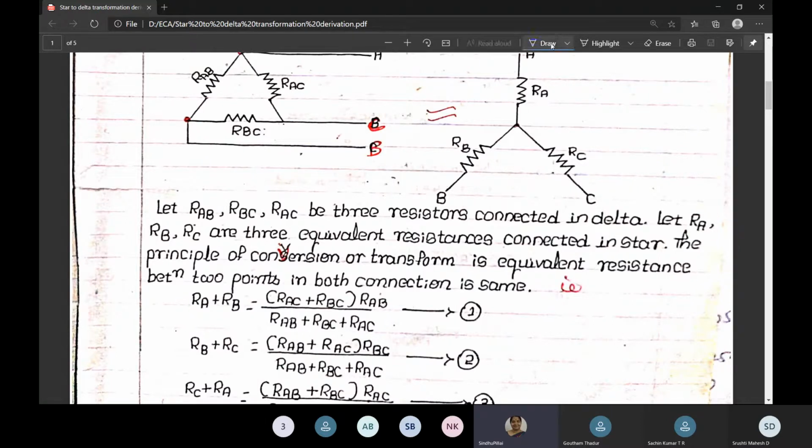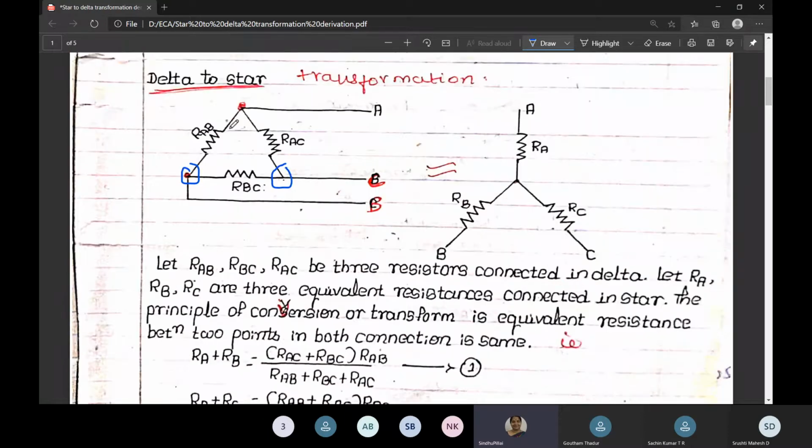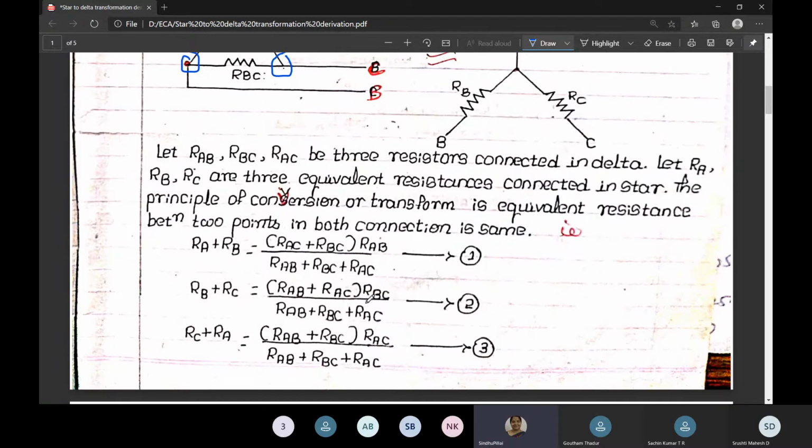I will show you once. It is very slow today. If this is one point and this is one point, and I consider these two points, then these two will be in series, RAB plus RAC. These two in series will be parallel to it, RAB plus RAC into RBC, divided by the sum.